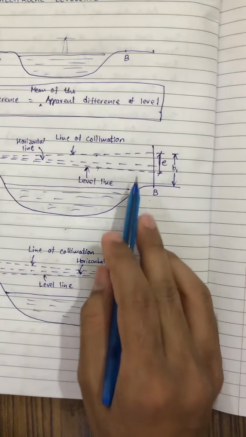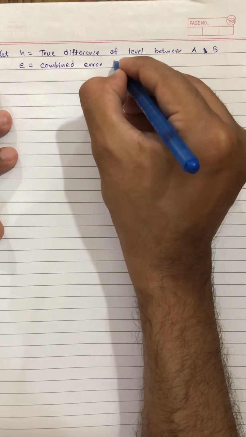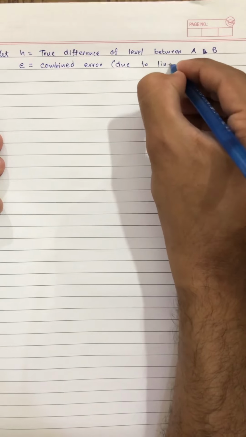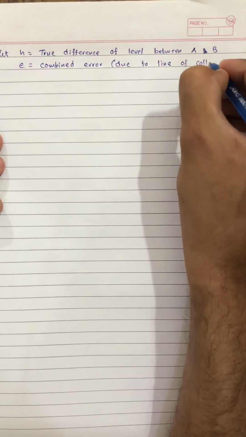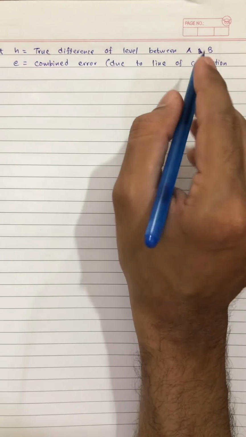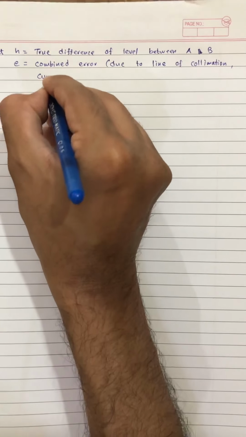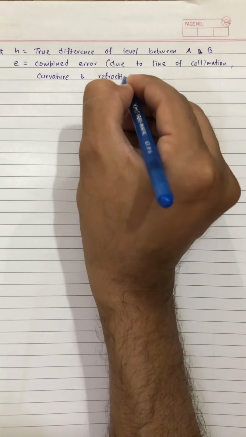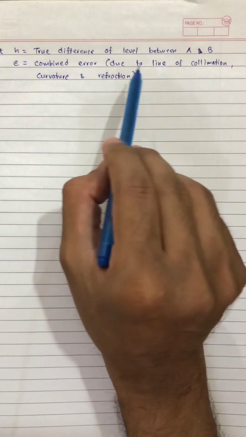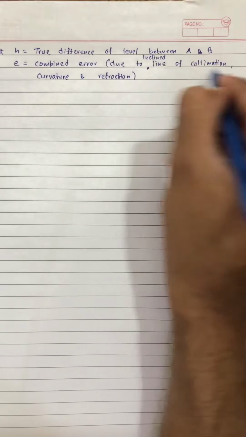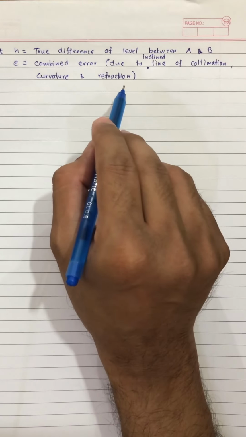See, this E is the combined error which is due to the inclined line of collimation, curvature and refraction. Okay, it is the combined error due to inclined line of collimation, curvature as well as refraction.